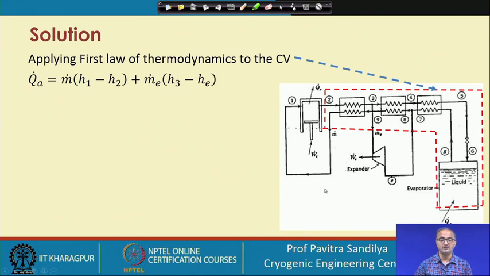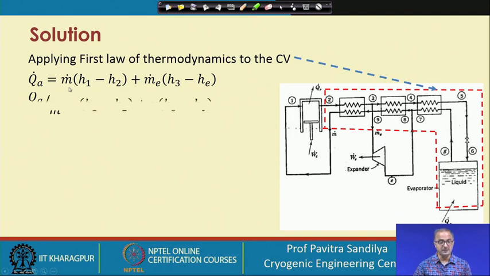So we are making the steady state balance, and we get this thing. So this is this QA. This value is obtained from these mass flow rates and the enthalpies, the flow rate into the expander and the enthalpy at the expander outlet. So we simply divide this equation by m dot.